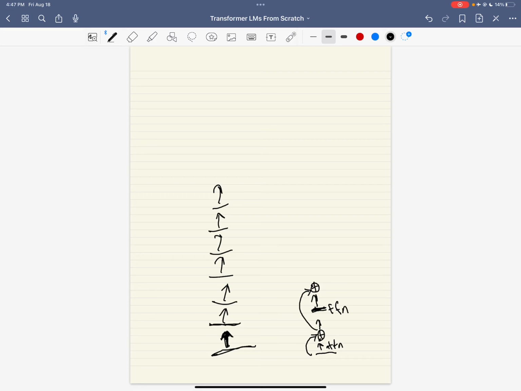I'm not going to get into that because there's a lot of content about that online. The last thing I'll say is BPE. I'm not going to get into that either, but when you train a language model, the vocabulary that you pick is really important, right?